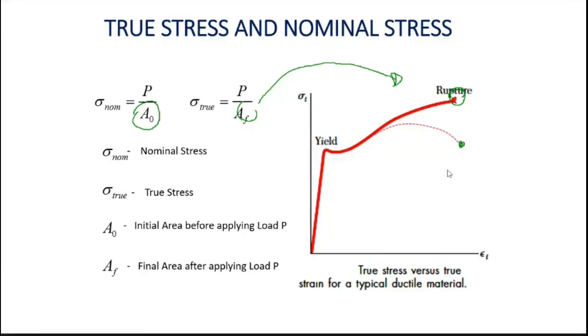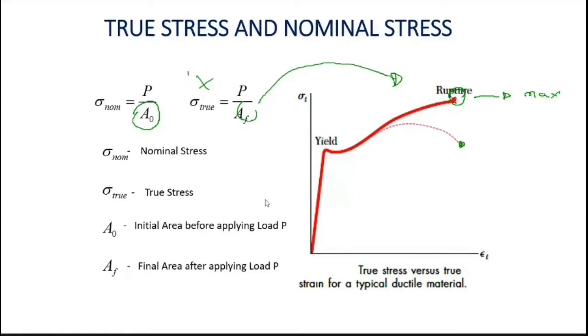But mathematically, we have to speak like this: stress is force by area. Because we are always considering the initial cross-section area, your curve is like this. If I consider the final cross-section area, my curve will go in the upward direction. That will be the maximum. But this is highly impossible. It is not possible to find.